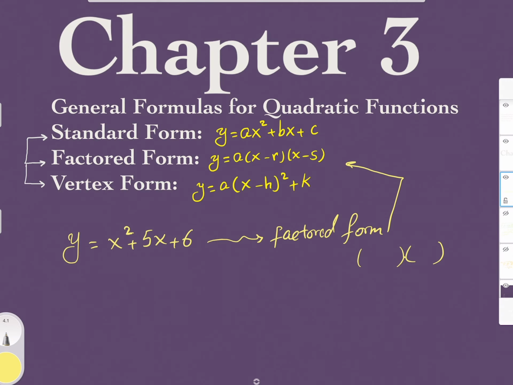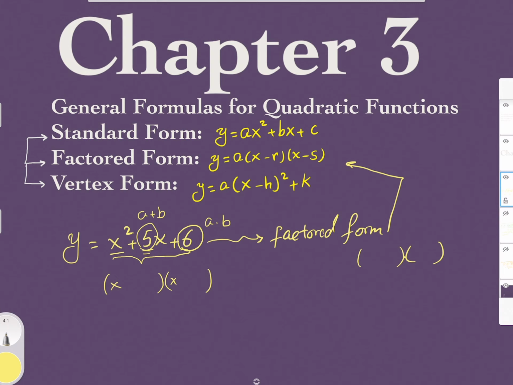In order to factor this one, as we learned in algebra, for 3 terms we open 2 parentheses. We put x. We need two numbers, a multiplied by b is 6, and if you add the same numbers, you should get 5.